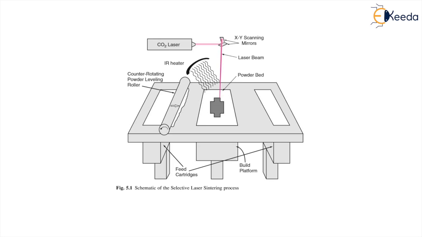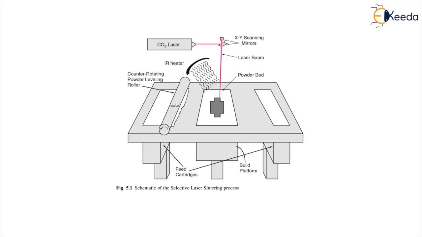Then the process is carried out again. After each layer of the part is made, the build platform will go down, and another layer of powder will be melted or fused along with the previously made layer. So it's a layer by layer approach once again.